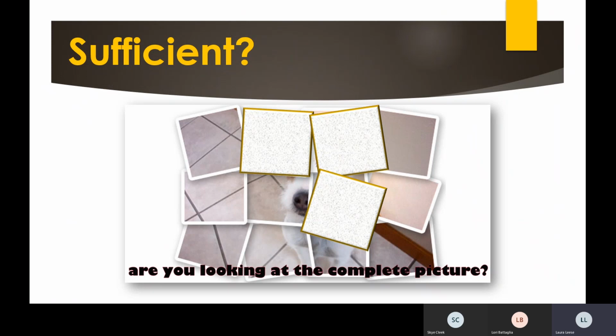But do we know for sure what type? Do we know if there are any other issues going on with the dog? Do we know if there's any special needs that we may have to keep in mind? No, we can't tell because we're missing some of those pieces. So right now, this would be an example of an insufficient amount of information for me.